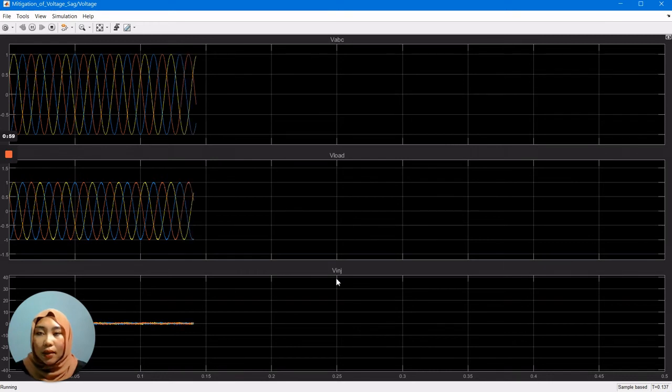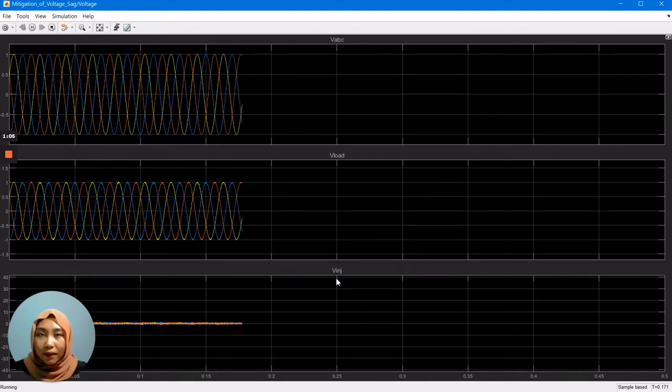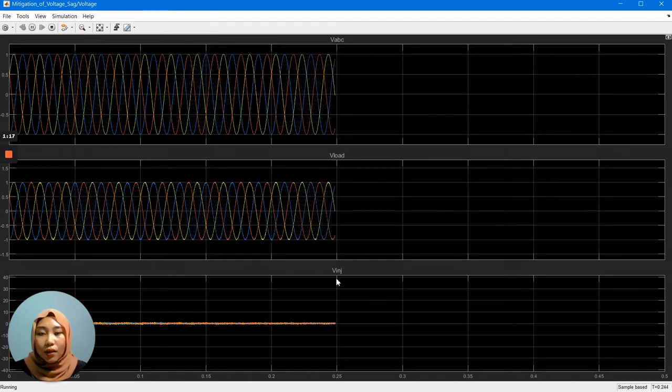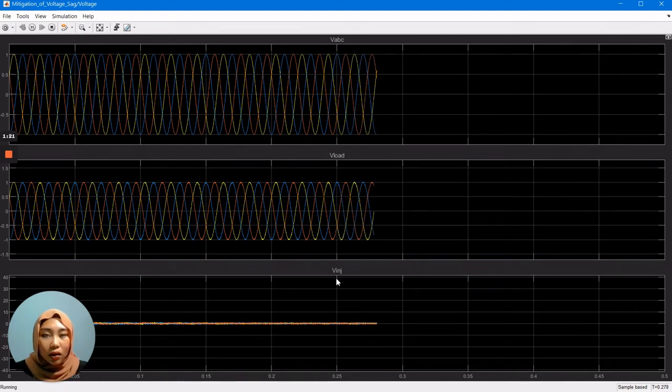As you can see, since no fault occurs in the system, the sinusoidal wave does not have any problems because the fault is not there. And it has run smoothly so far. I will run this system until 0.5 seconds.